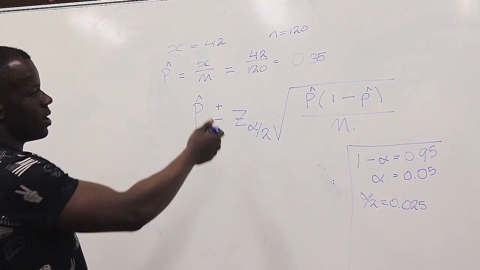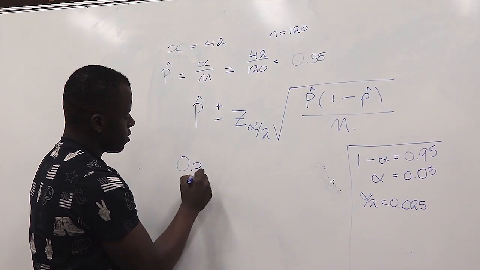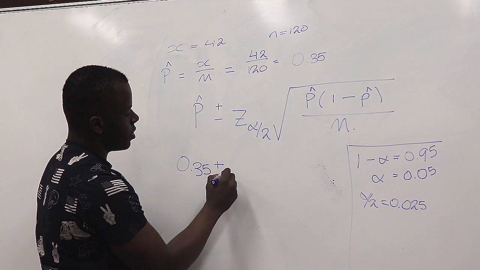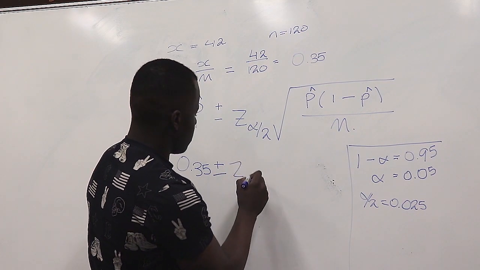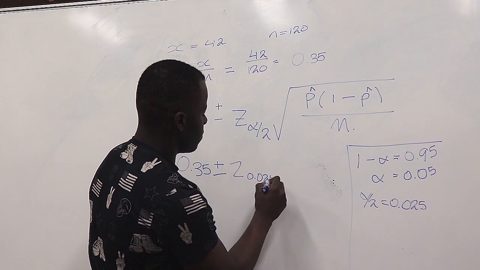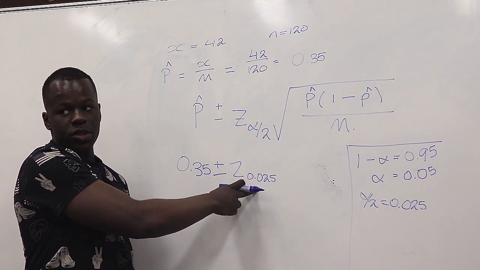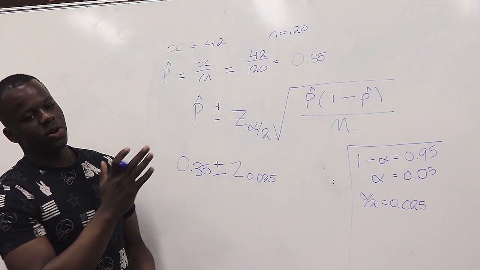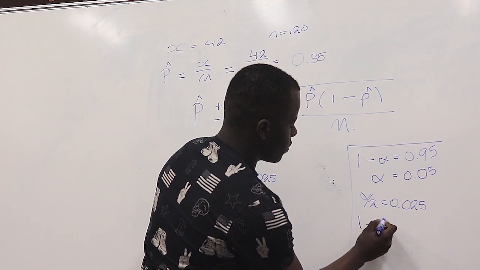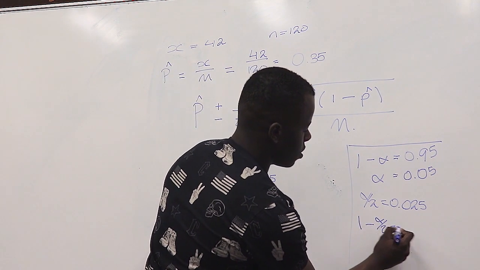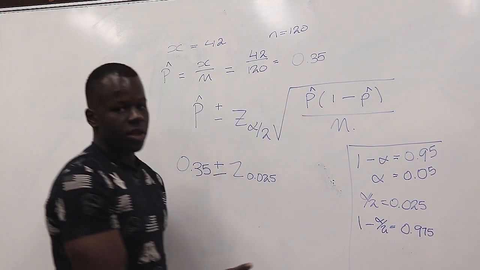So we're just going to plug our values into the formula. First, the proportion was 0.35, plus or minus z of 0.025. But we don't actually know what this is because our table only starts at 0.5. So we go 1 minus alpha over 2, which equals 0.975, and we can find that in our table.